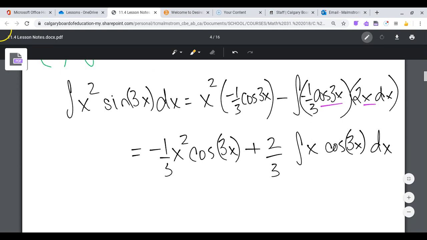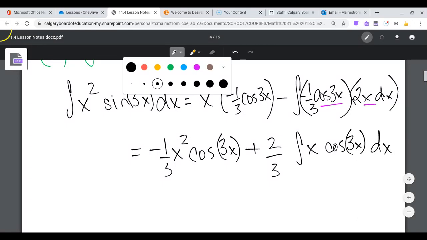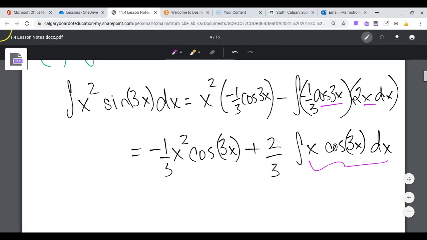Well, here introduces a second product. We're not done. So to integrate this, we have another product. What does that mean? It means you have to do the whole process again.